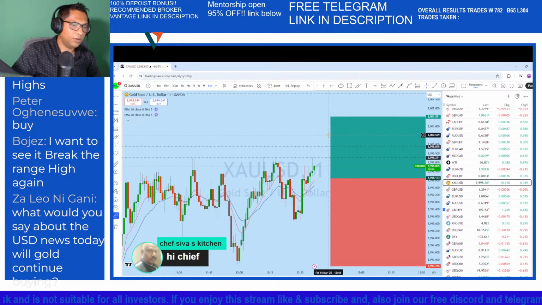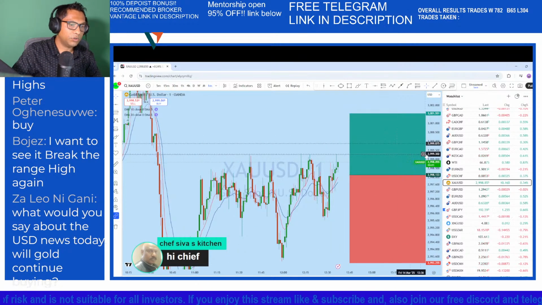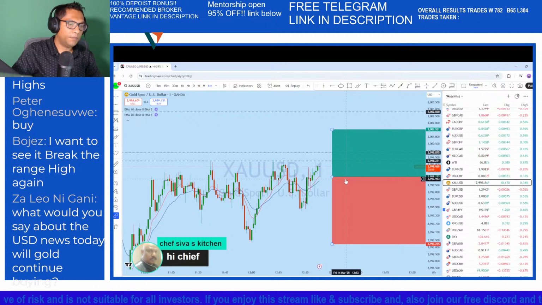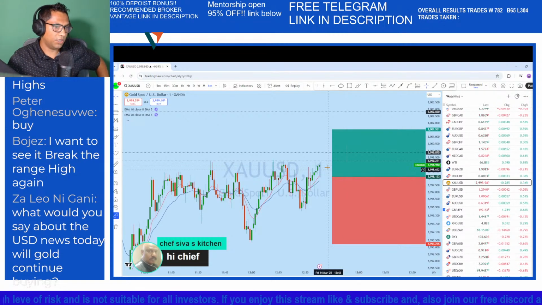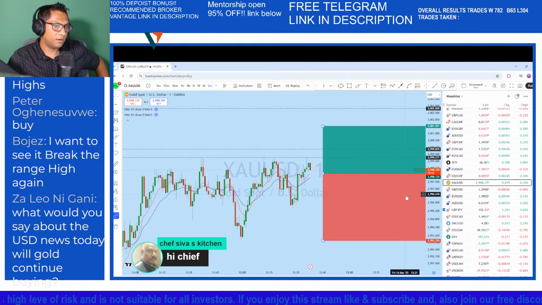We can see that liquidity gap and potentially upper bullish momentum. We can see the price action is so far bullish here.